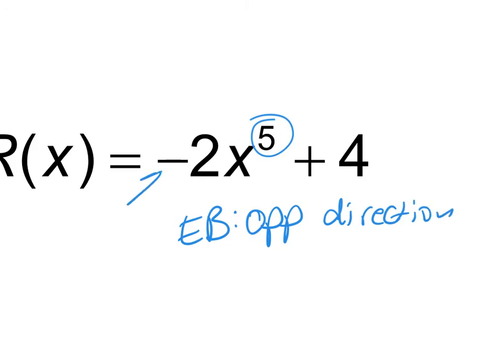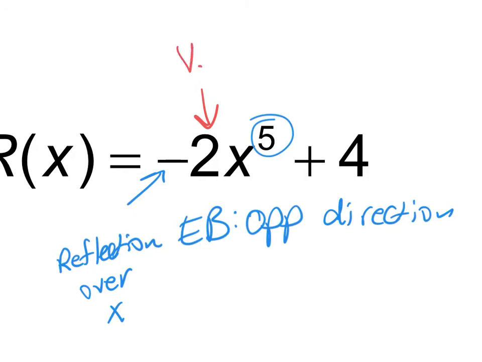What does this minus sign right there mean? It's a reflection over x. What does that 2 mean? The vertical what? Stretch. Good.